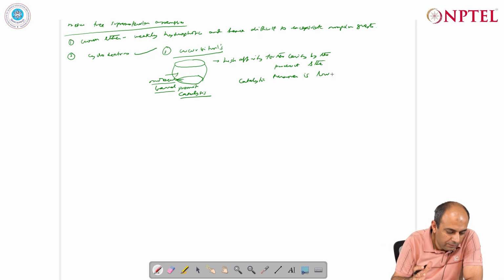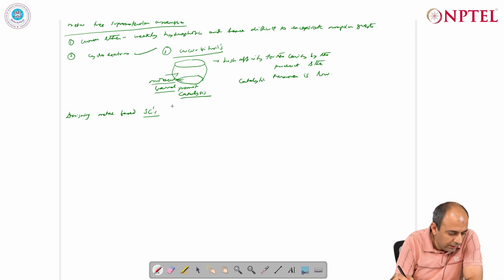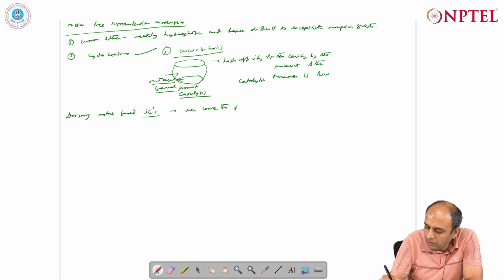So, what was thought is that, keeping in mind that some systems are positive and some are negative, in case of organic moieties, people started designing metal based SCs, which are called supramolecular cages, and they help to overcome the problem of product binding inside the cavity.